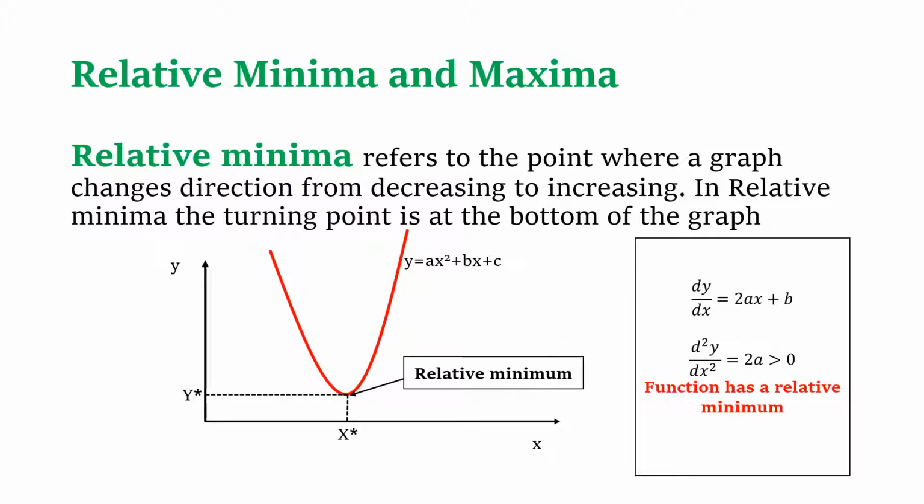And that 2a is positive. And if it is positive, it means this function has a minimum. Now the relative minimum there is given as y star. Okay? Good.